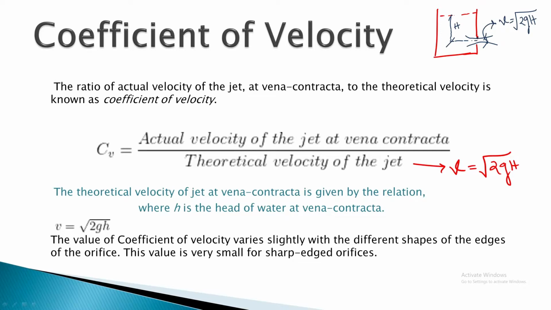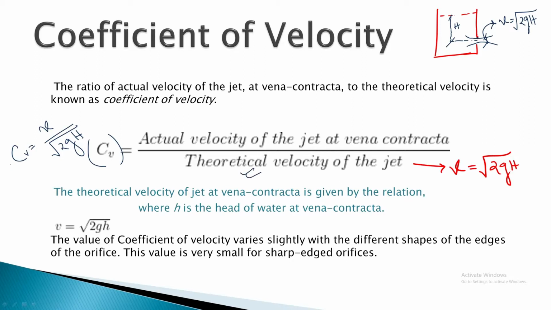As per this formula, what will be the value of Cv? Cv equals v divided by root over 2gh. Here v is the actual velocity of the jet at vena contracta, and root over 2gh is the theoretical velocity of the jet.